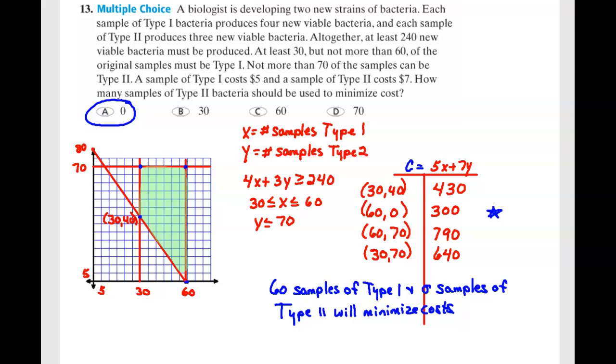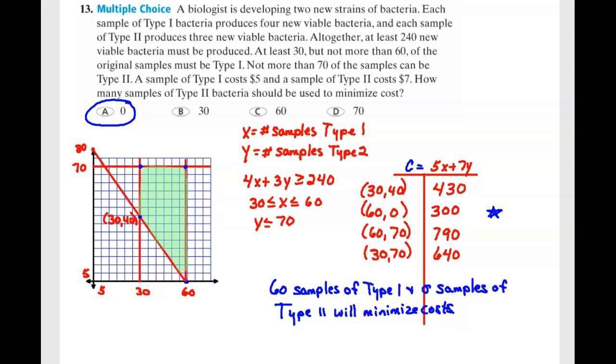Okay, 13, a biologist is developing 2 new strains of bacteria. Each sample of type 1 produces 4 new viable bacteria, and each sample of type 2 produces 3 viable bacteria.